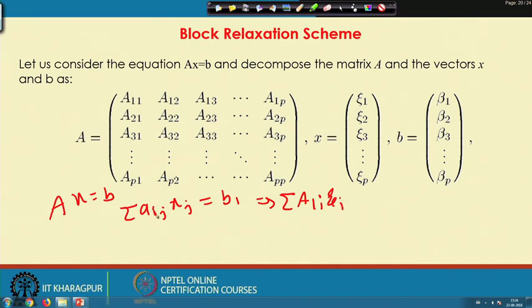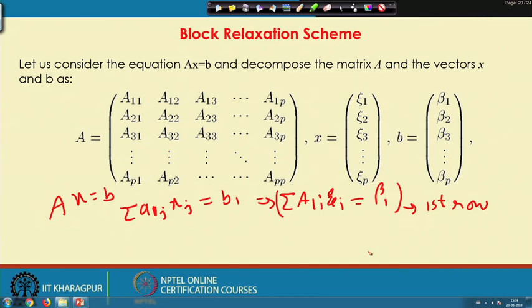So, this is the first row, A1j xj, equal to this summation of A1i xi, equal to beta 1, the entire equation's first row, because this is also a matrix, a vector equation.